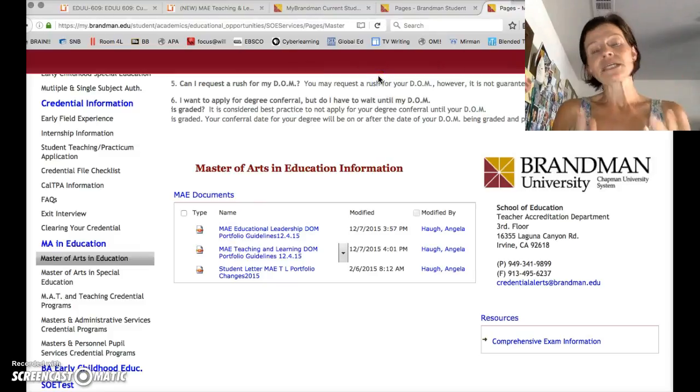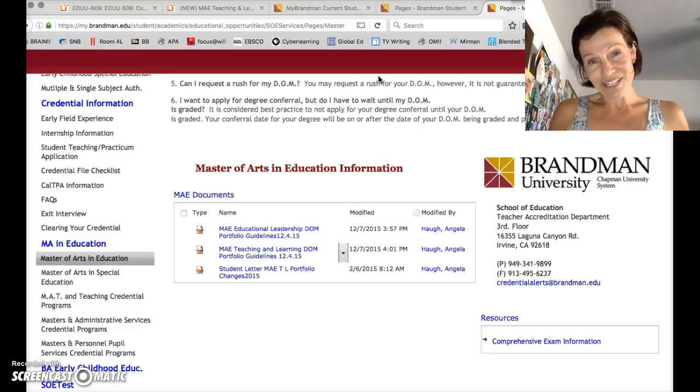Now, guys, here's one thing that a lot of people seem to kind of miss. This is not simply a hoop to jump through. Your portfolio is not just a transportation device to get all your signature assignments in one place and then hand them over. There, I'm done.